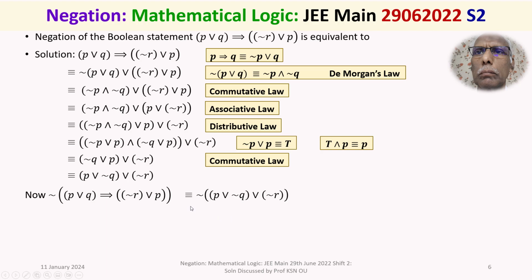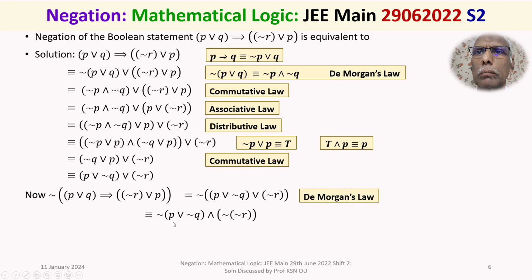Now the right hand side is equivalent to, we apply De Morgan's law. So that will be negation of the first and negation of the second. The negation of the first, P or negation of Q, and the negation of the second is negation of R, and negation of R is R.